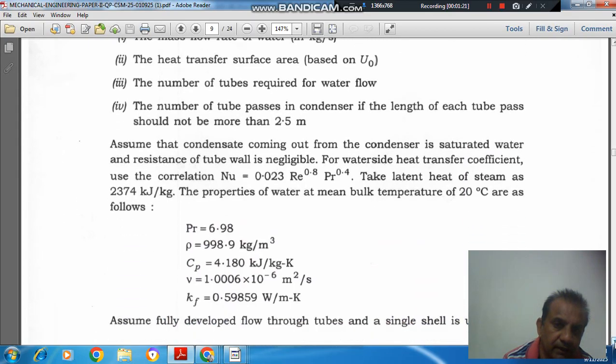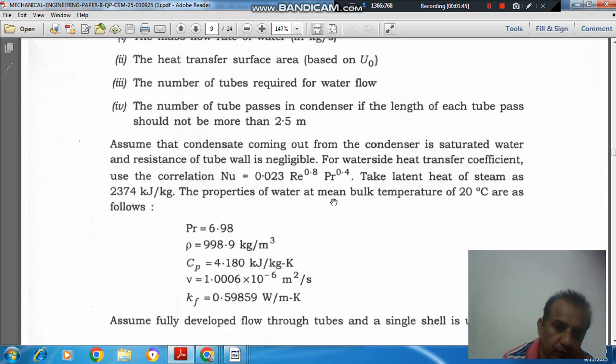Assume that the condensate coming out from the condenser is saturated water and the resistance of tube wall is negligible. For water side heat transfer coefficient, use correlation Nu is equal to 0.023 Re to the 0.8, Pr to the 0.4. Take latent heat of steam as 2374 kilojoule per kilogram.